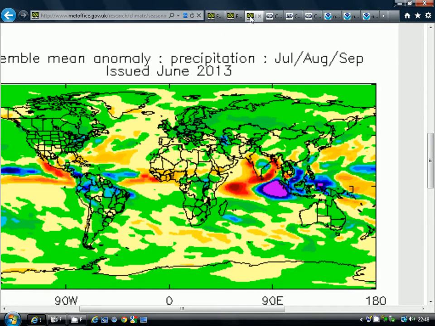But perhaps a little bit more surprising is that the model is also going for slightly above average precipitation. Not a really wet autumn by any means, not in the colours in terms of the precipitation anomaly, but nevertheless the green colours here are indicating that it would be a little bit wetter than the average through the course of the autumn. I'm not quite sure how that tallies up, to be honest, with the pressure distribution.